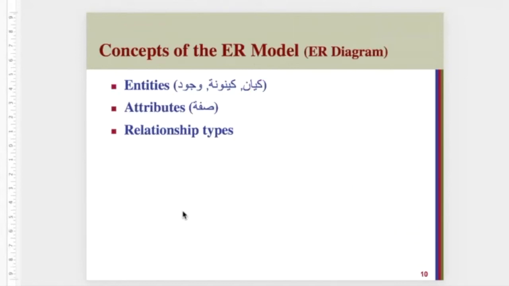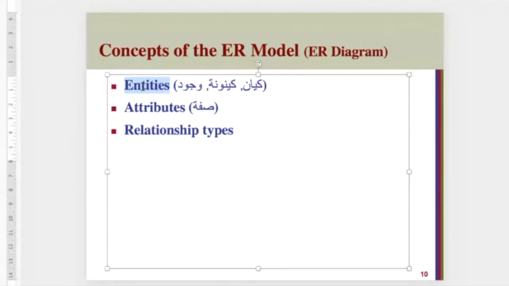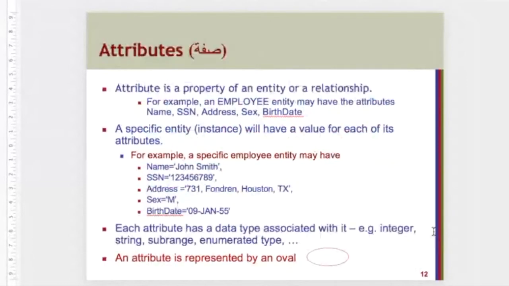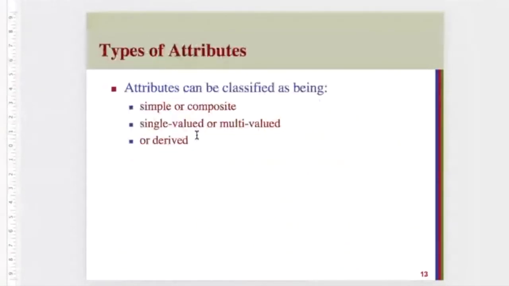Dependents, another entity. And then we learned how we represent entities, and we learned that we represent them with a rectangle. This is the symbol to represent our entity. And then we saw how we represent the attributes. We use oval symbols to represent attributes of an entity.